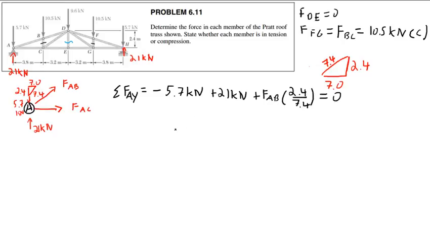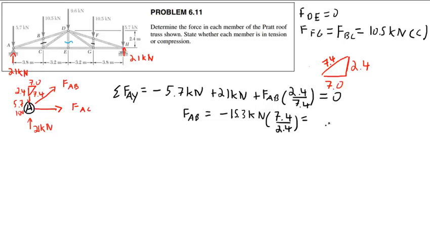So then, negative 5.7 plus 21 is 15.3. So FAB will equal negative 15.3 kilonewtons times negative 1 times 7.4 over 2.4.